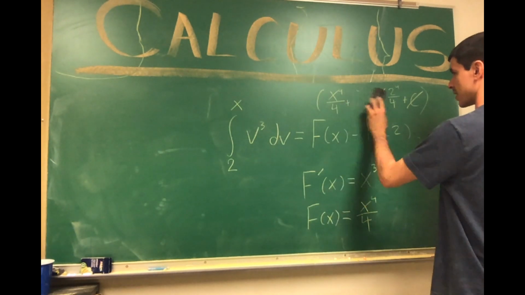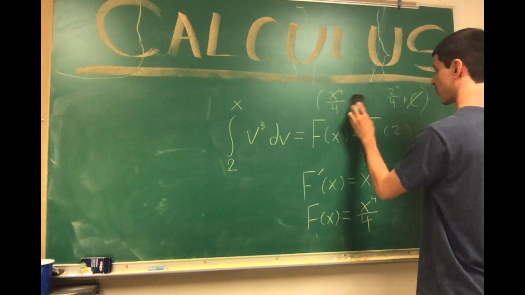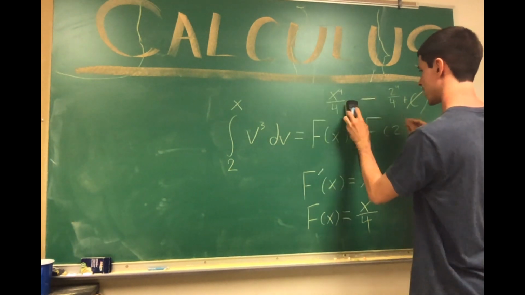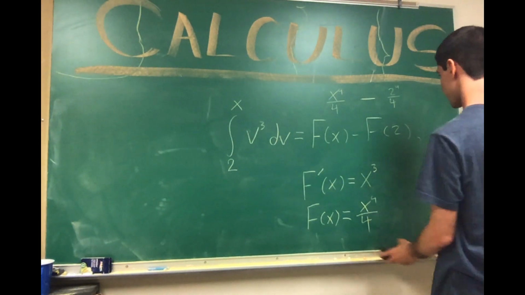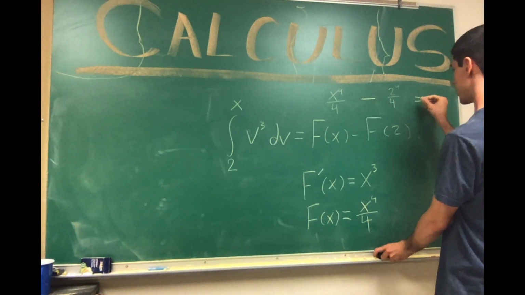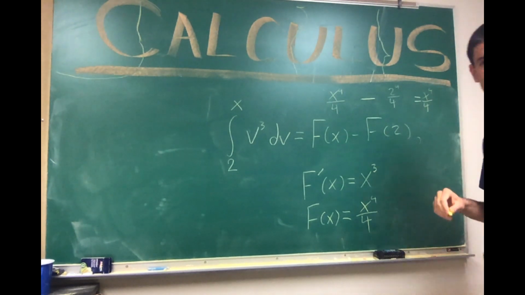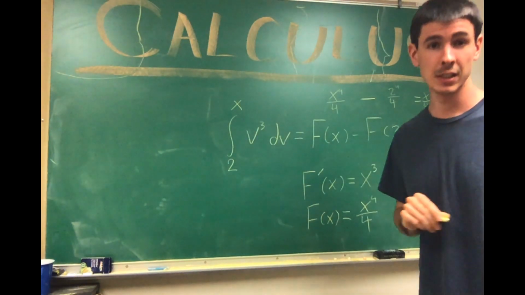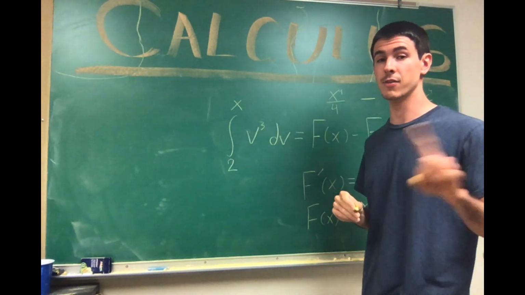So this is going to be x to the fourth over 4 minus 2 to the fourth over 4. Well, 2 to the 2 is 4, 2 to the 3 is 8, 2 to the 4 is 16.